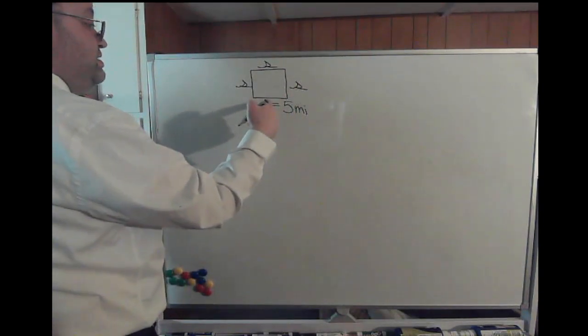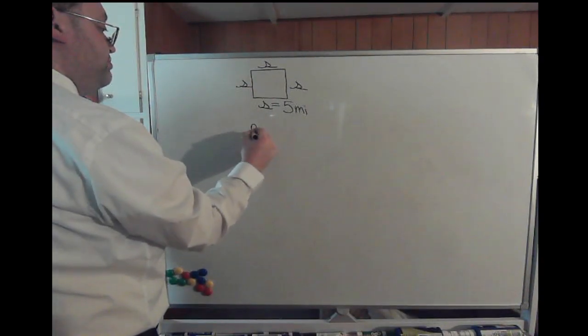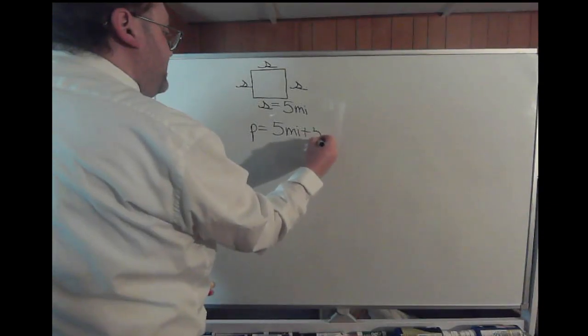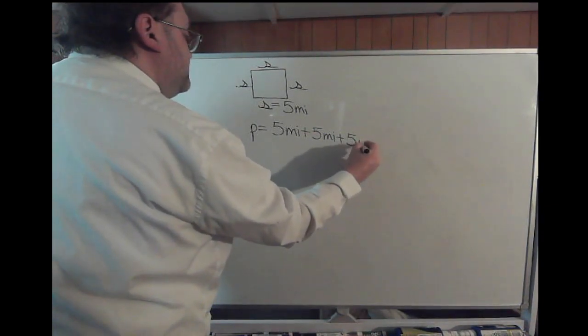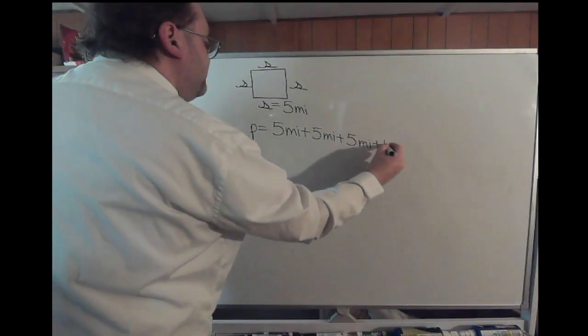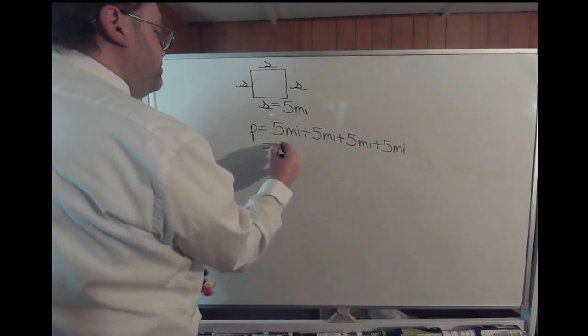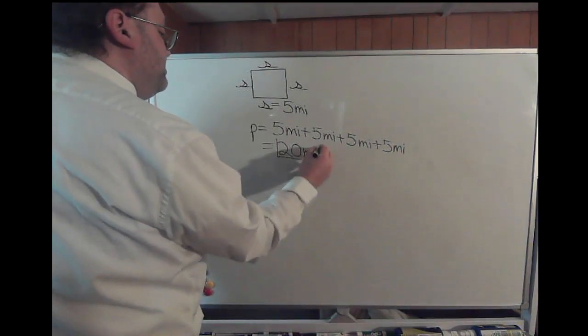We know that all 4 sides are equal, so for the perimeter you would add 5 miles plus 5 miles plus 5 miles plus 5 miles. If we add 5 together 4 times, you'll get 20 miles. So your perimeter would be 20 miles.